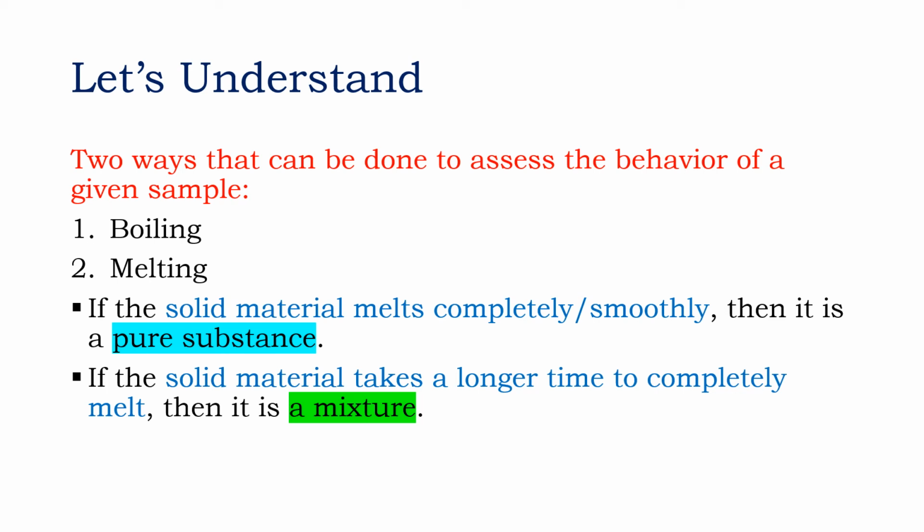So boiling, depende po sa given sample na material. So kung solid dyan o liquid, pwede po tayong gumamit ng boiling and melting. If the solid material melts completely or smoothly, so pure substance yun. Kapag yung solid material naman takes a longer time to completely melt, then it is a mixture.